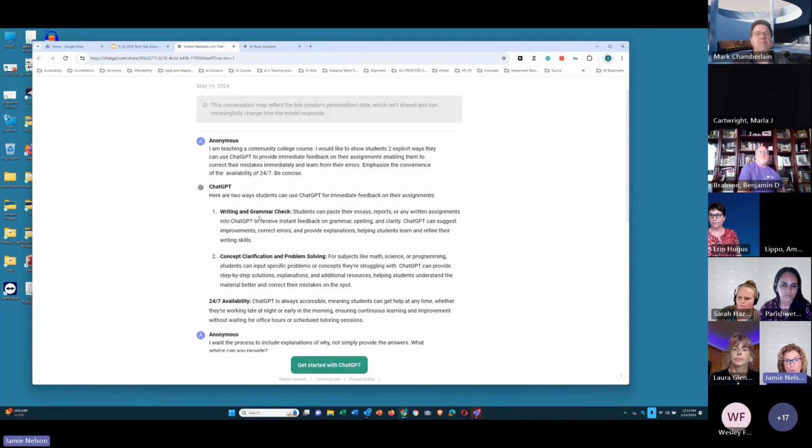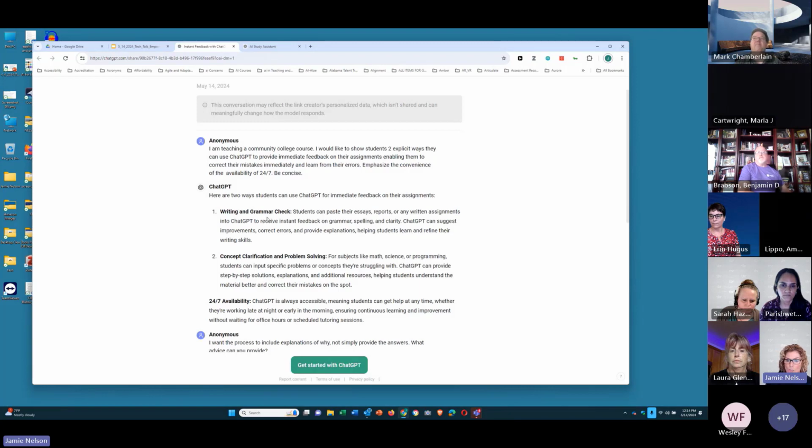So two ways. Students can use it for a writing and grammar check. They can copy paste their work in and have ChatGPT give them feedback. And by the way, we did a workshop with Rome State a couple weeks ago, and we generated a quick 3-paragraph essay and tweaked it because everything's a draft out of here, right? It's always a rough draft.